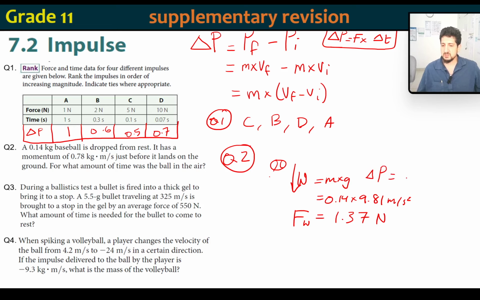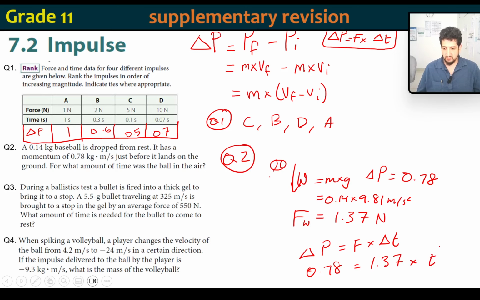So the initial momentum is 0. The final momentum is the change in momentum. It's the same, 0.78. And so change in momentum equals force times change in t. So 0.78 equals 1.37 multiplied by time. So 0.78 divided by 1.37, and t equals 0.56 seconds.